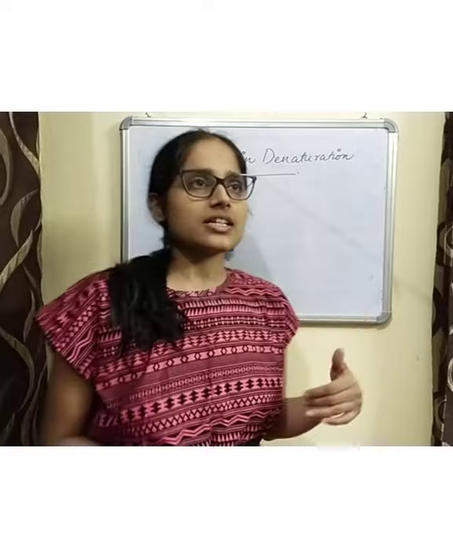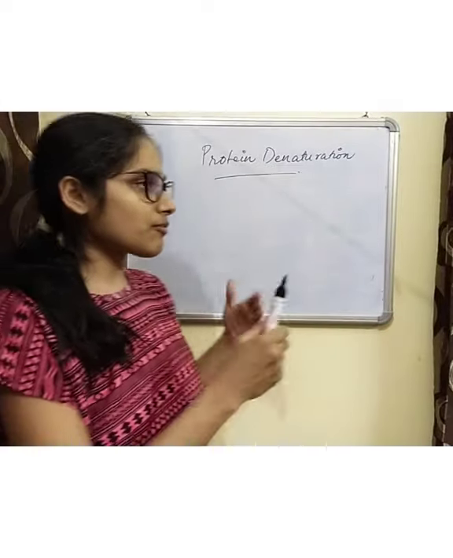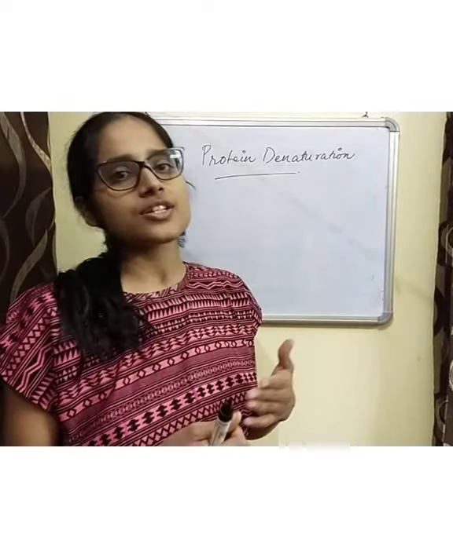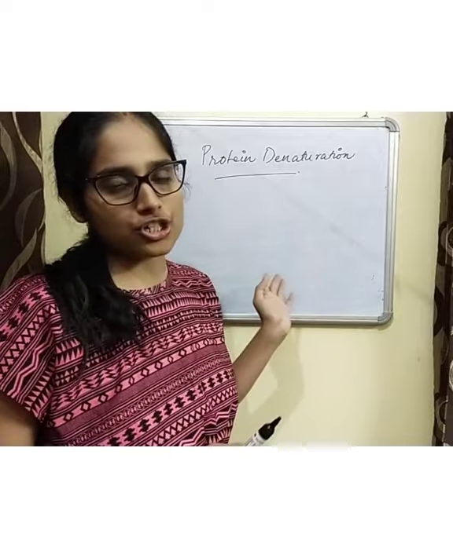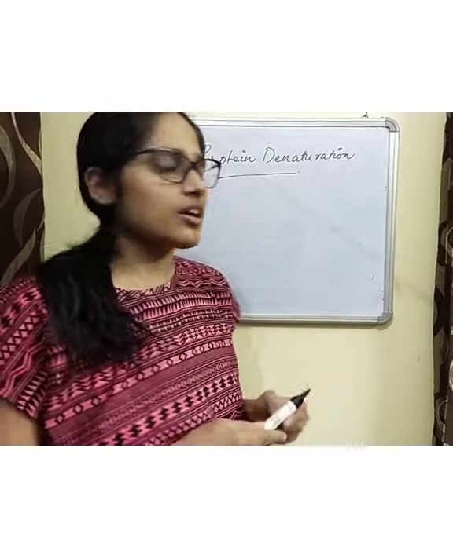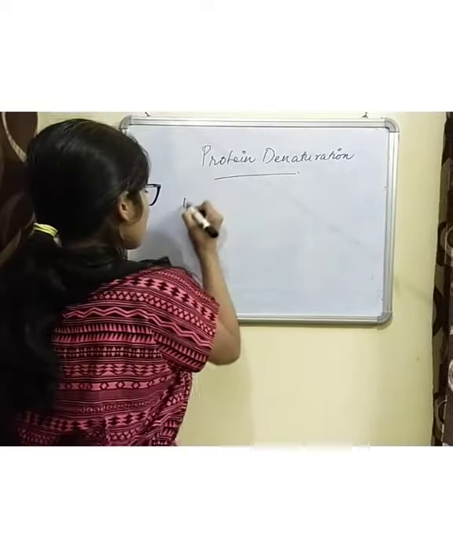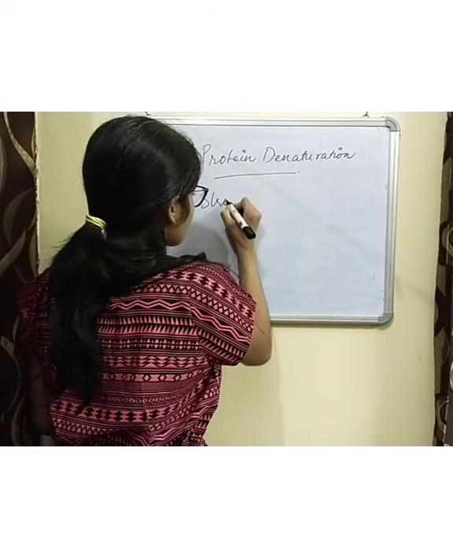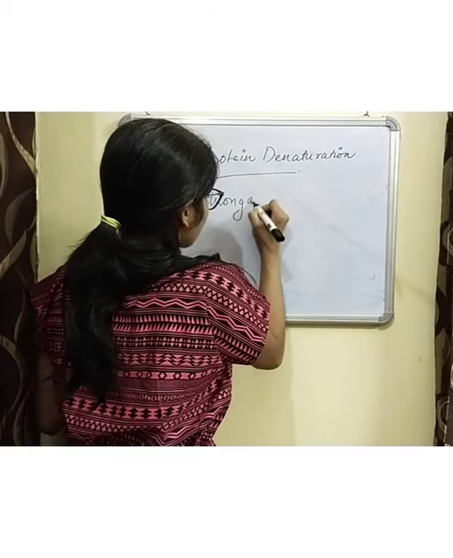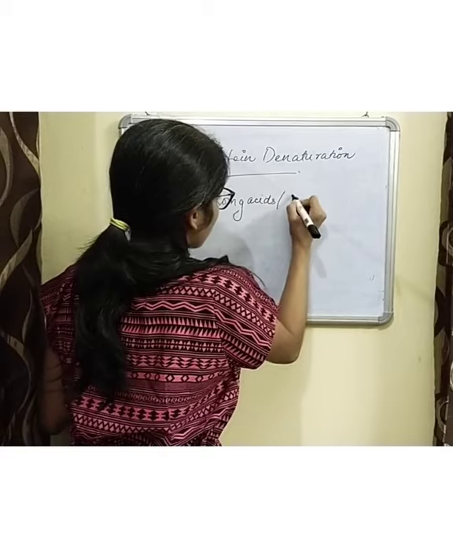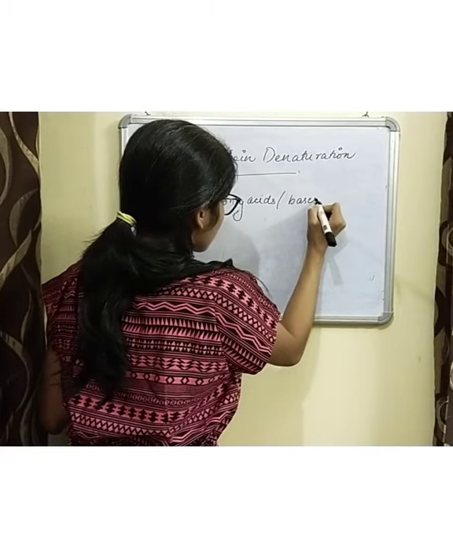So we'll discuss some of the factors or some of the conditions which lead to denaturation of the proteins one by one. So the first is strong acids or bases.